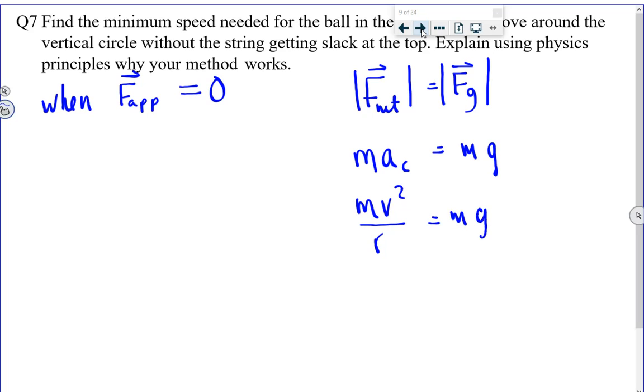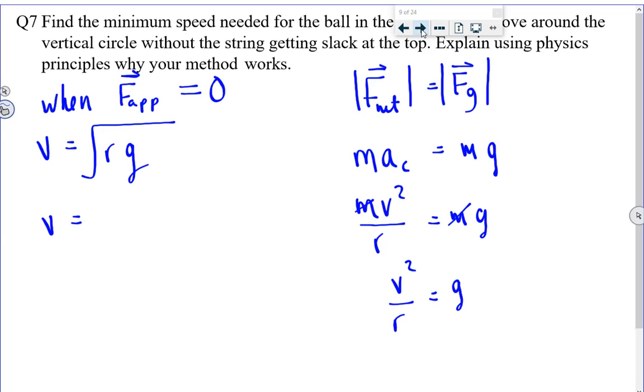We can actually cancel the masses here to solve this problem. v squared over r equals g, which means the minimum speed will be the square root of rg. So this is going to be the square root of 1 meter times 9.81 meters per second squared.